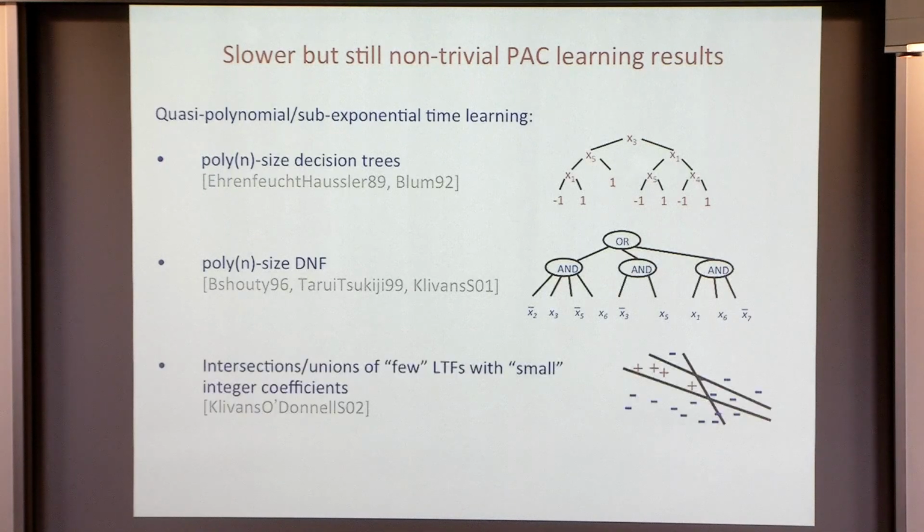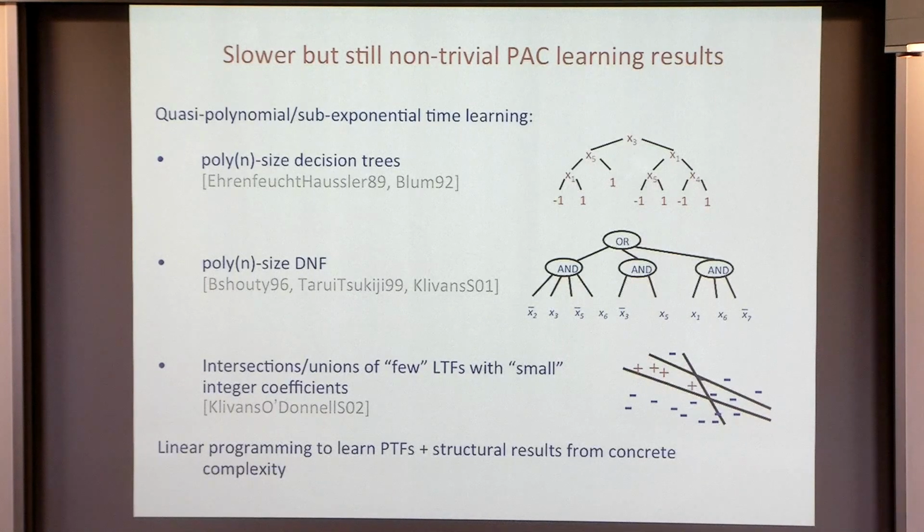It's known that you can learn decision trees in quasi-polynomial time. You can learn DNF formulas in sub-exponential time. You can learn various restricted classes where you combine a few half spaces. If your half spaces have small integer coordinates, you can do something like this. And for all these results, I don't want to get into any details, but linear programming over an expanded feature space is really the key technique that underlies each of these results.